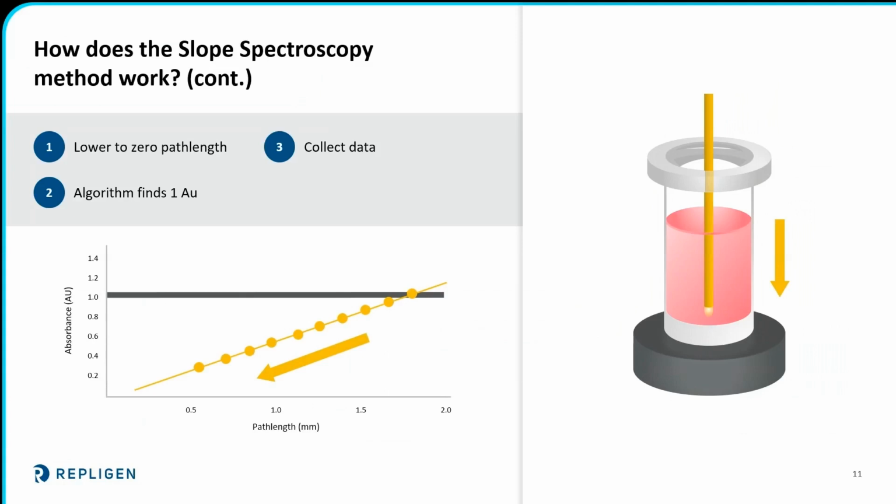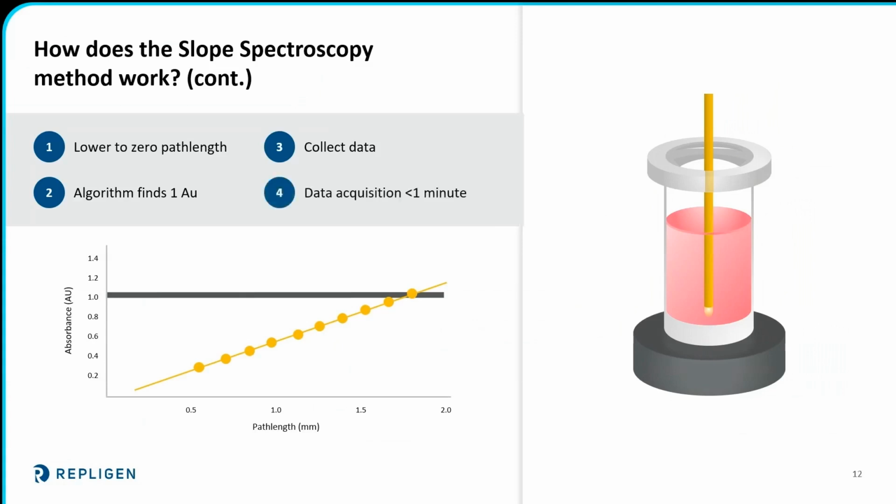It's important to know that this process is completely automated. There is no adjustment of the path length or search algorithm dynamics that have to be entered by the user in the software. The software will dynamically change the path lengths based on how high or low the absorbance values are within the initial search algorithm.